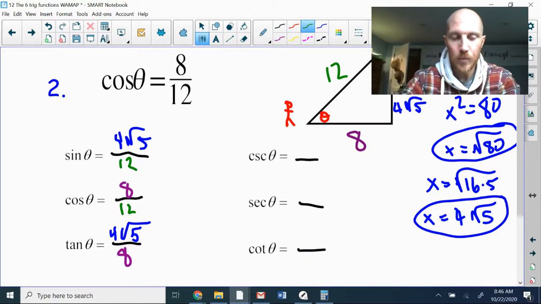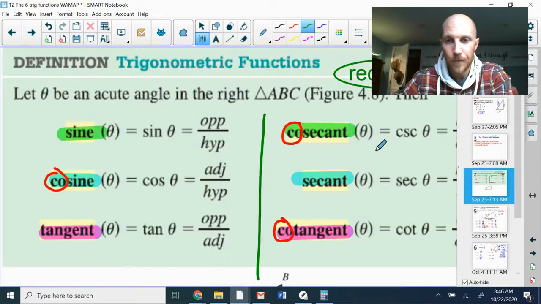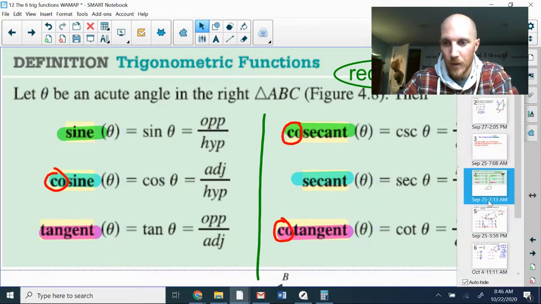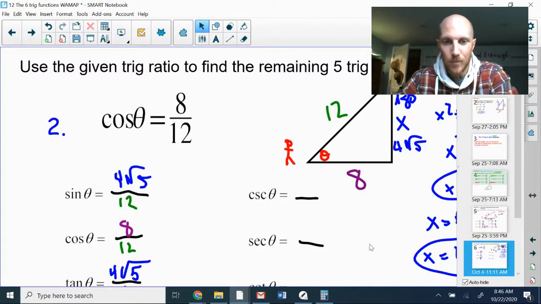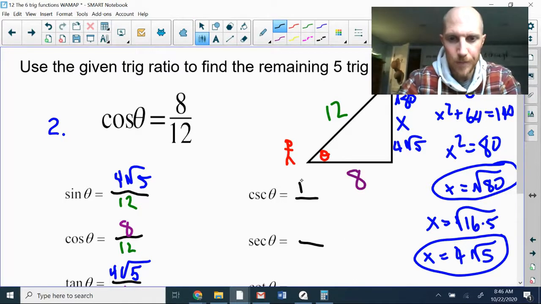All right, fraction lines ahead of time. So one approach to finding cosecant would be to remember that cosecant is the hypotenuse over the opposite side. So I can look on my drawing to find the hypotenuse and the opposite side. A second approach would be to just do the reciprocal of sine.